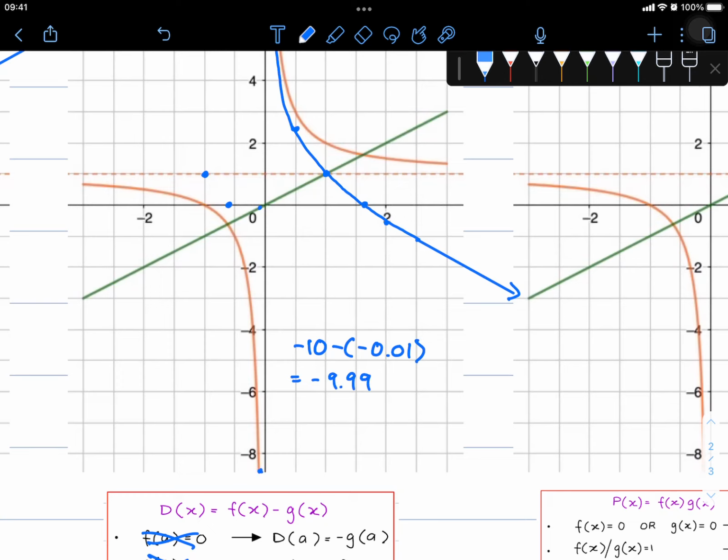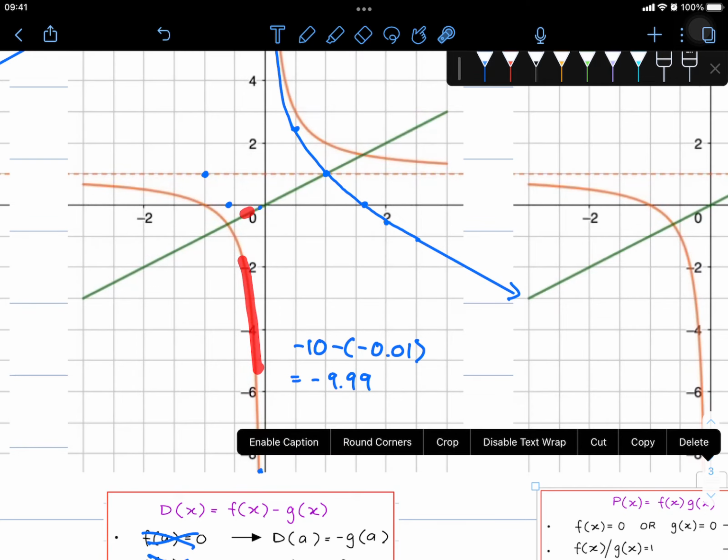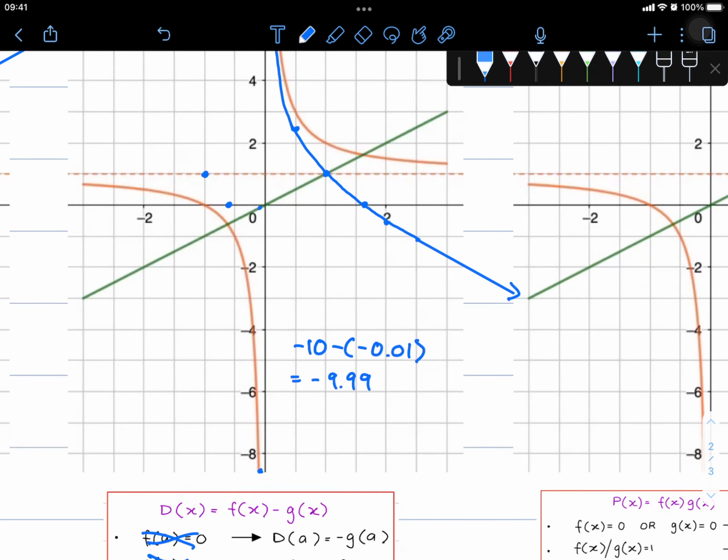It's indistinguishable, and that logic applies all along here. It's a very negative number minus a very small number, so it should look like it's indistinguishable from f, almost as if it were overlapping like so.